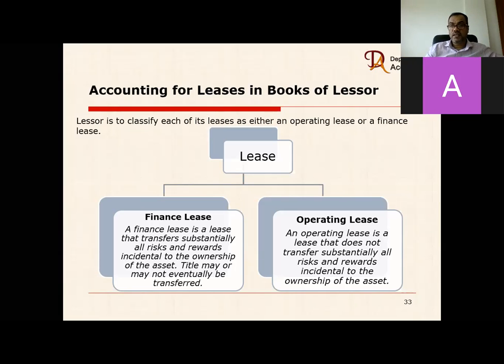Second situation is there could be a lessor who provides leasing facilities by being a manufacturer or dealer. You manufacture a car or you sell a car. At the same time, you provide leasing facilities. And therefore, there are two things. First one is a trading, selling a machine as a manufacturer or trader.